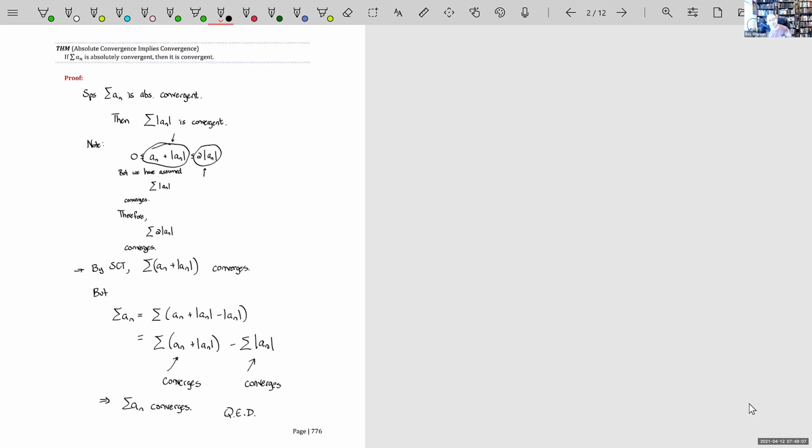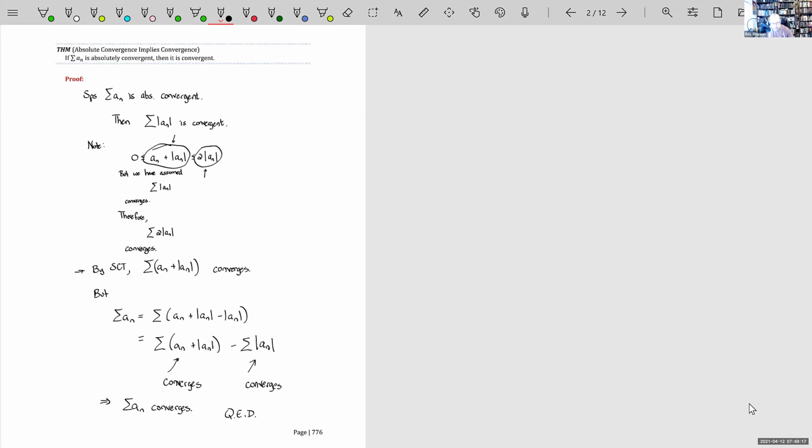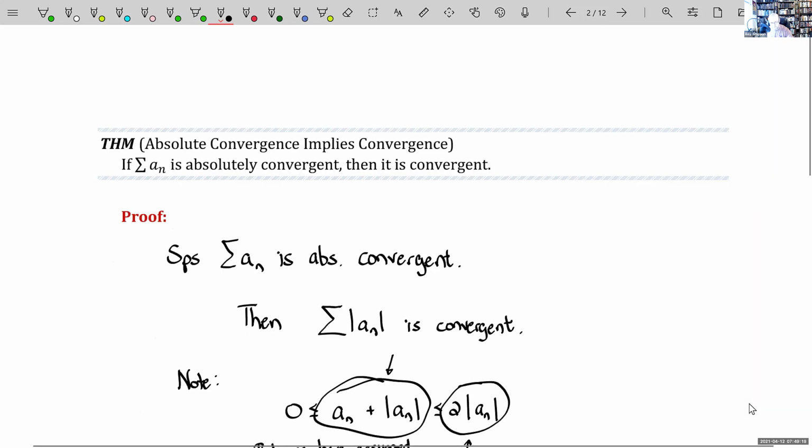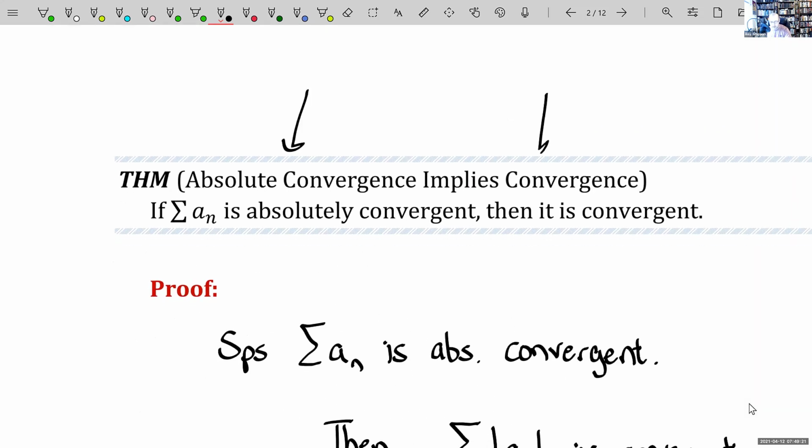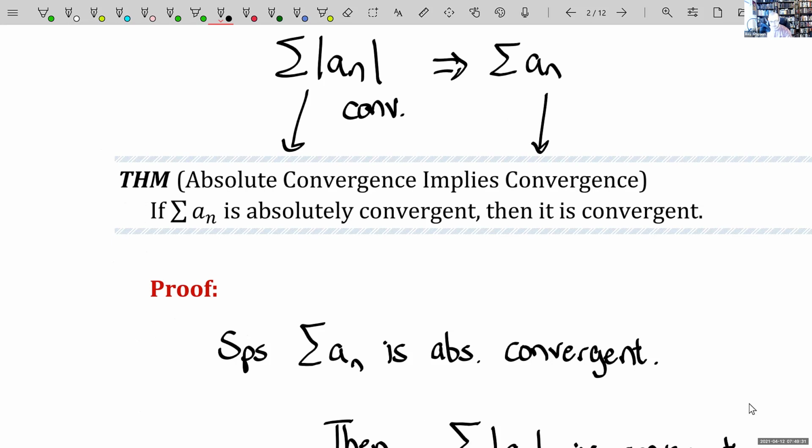I can just say, well, let me just check to see if I just added up the absolute values of those terms, if that converges. Because if it does, then the series you handed me has to converge. If I get absolute convergence, then I get convergence. Summation absolute a sub n converges implies summation a sub n converges.